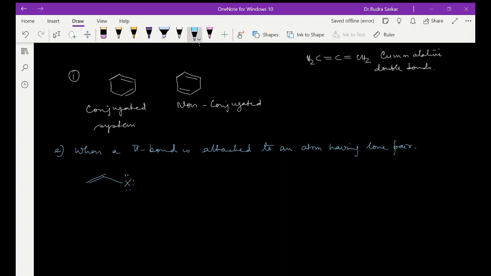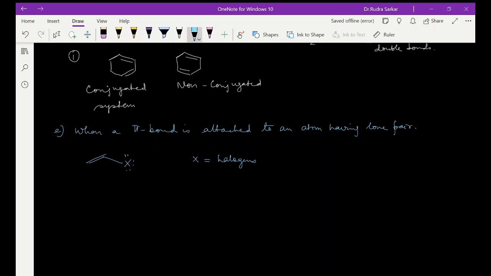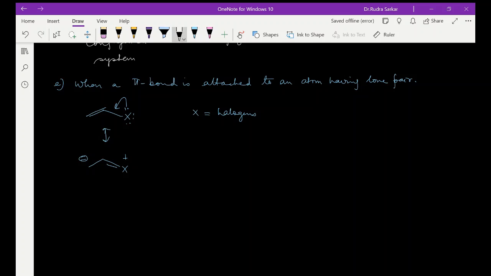Alright. So X over here I am claiming it to be as halogen. So in those cases, the electron will be pushed towards the pi. Okay. So what will happen in that case? A plus charge will come on the X and the minus charge will come on the carbon. So let's take some examples of this.